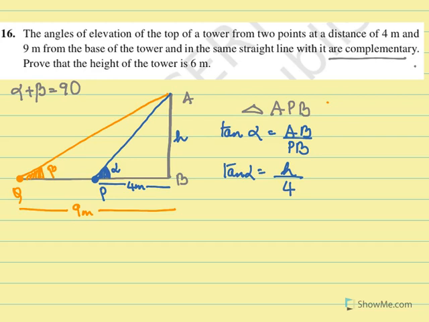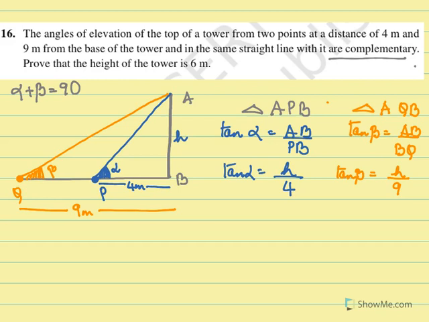Fine. Now we go to the other triangle. The other triangle is the beta triangle, that is AQB. And here tan beta. Tan beta equal to AB over BQ, and tan beta equal to H over 9.